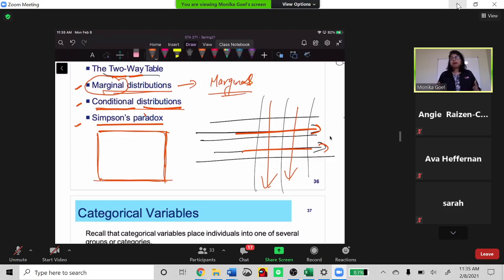And when I combine those two-way tables, my result is the reverse of what I have in the individual two-way tables. When we do examples on this, it will make more sense. So first, let's talk about marginal and conditional distribution.